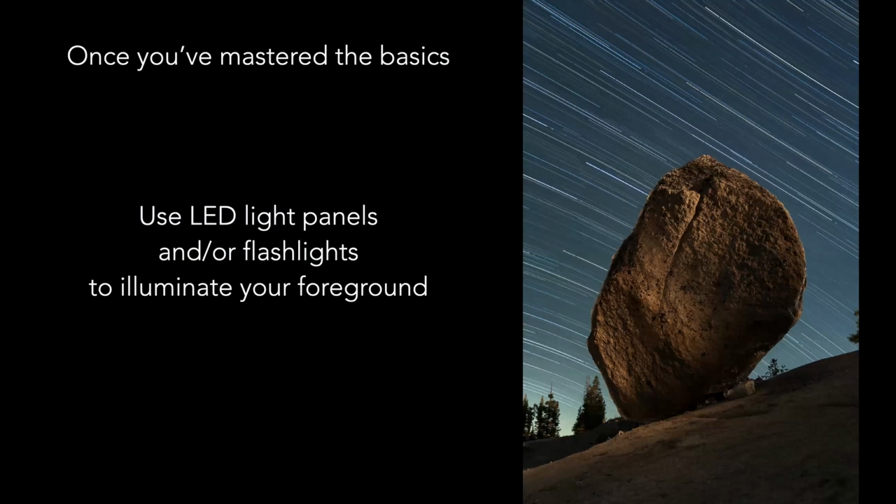And then lastly, once you've mastered these basic techniques and you've gotten to the point where you can make a pretty good exposure that's well composed and well focused, that's the time to really start thinking about adding light. And, again, this is a topic for another talk.